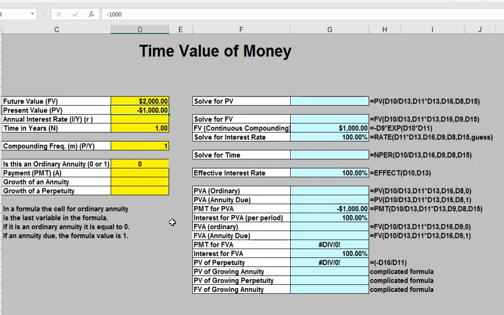Another question might be, well, how long does it take for my money to double? So let's say we could earn 8% on our money, and we want to ask how many years that will take. If we, again, delete the time in years, and again, as you notice, this is really just an algebra question.